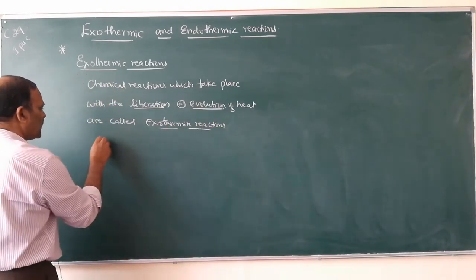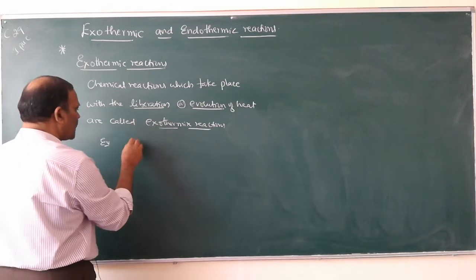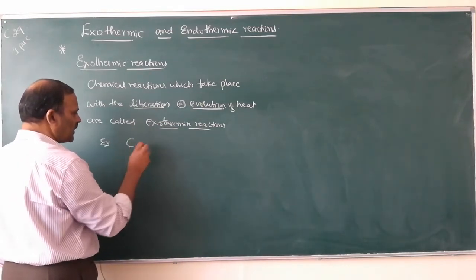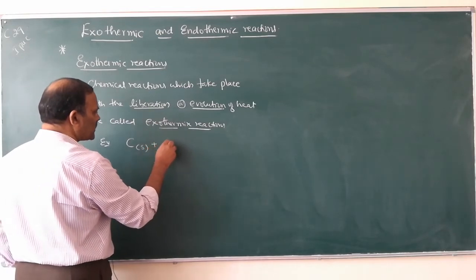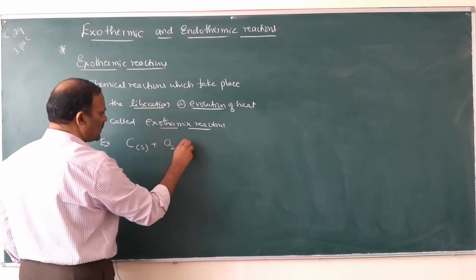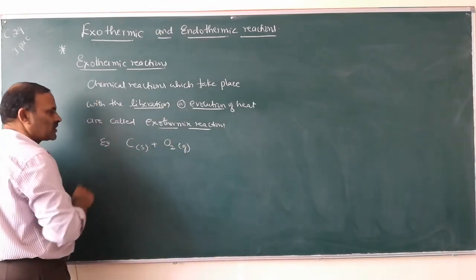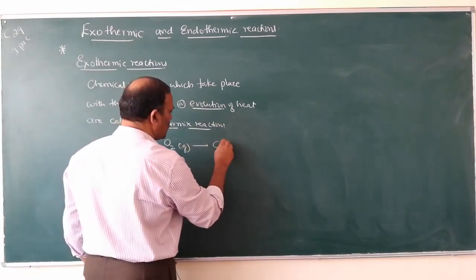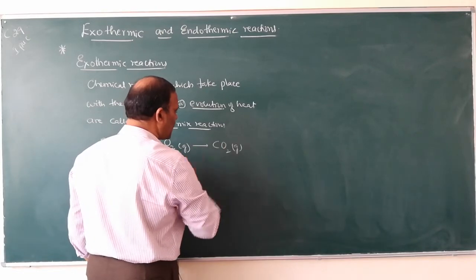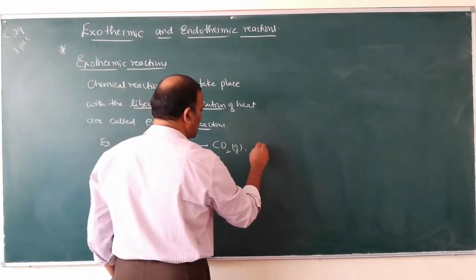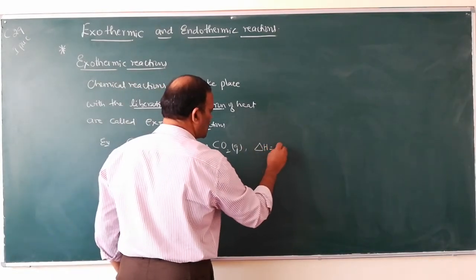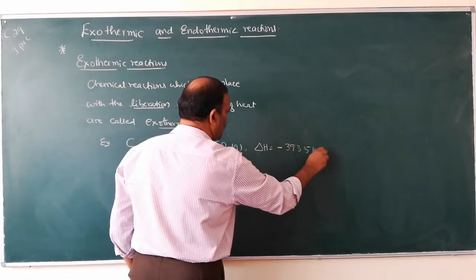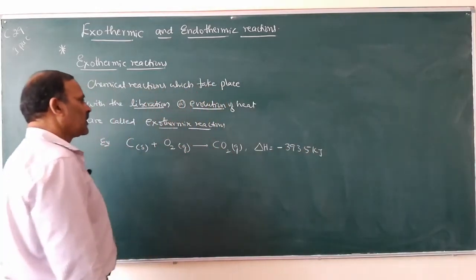So, example, C(s), carbon solid, when reacts with oxygen gas, O2(g), giving CO2(g), carbon dioxide, delta H equals minus 393.5 kilojoules.